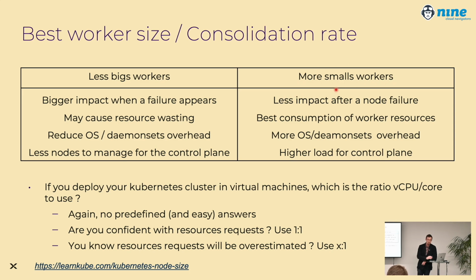More small workers, meaning you do have more worker nodes as such, it's more OS overhead. Simple as that. So that comes down to the decision that you need to make with the application you're going to deploy.